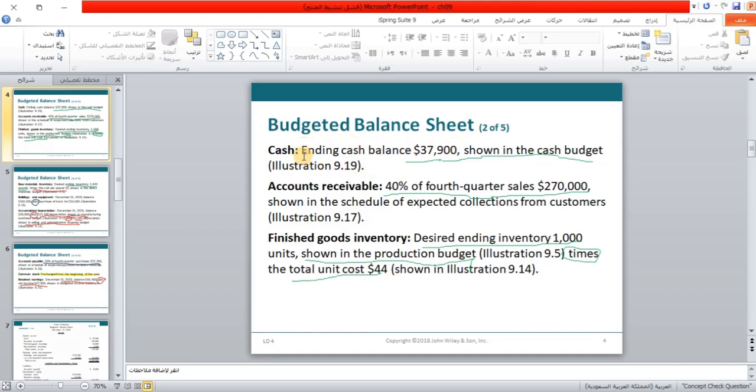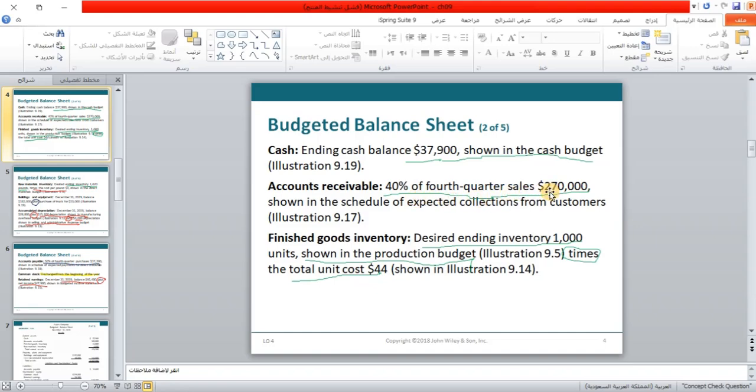Budgeted balance sheet, the first item in assets: cash. From the previous cash budget, the ending cash balance is 37,900, shown in the cash budget. Accounts receivable is 40% of the first quarter sales.